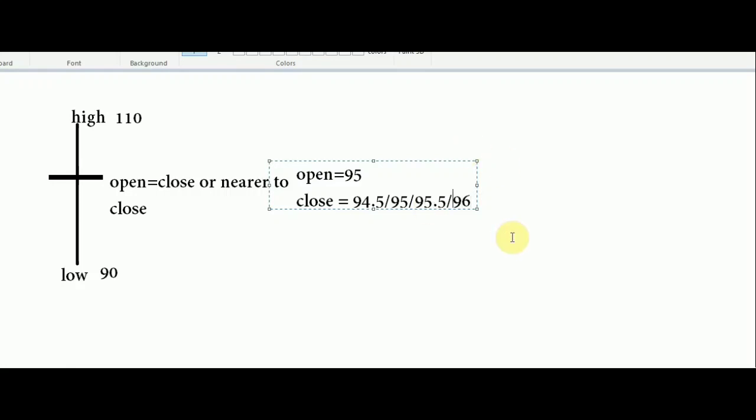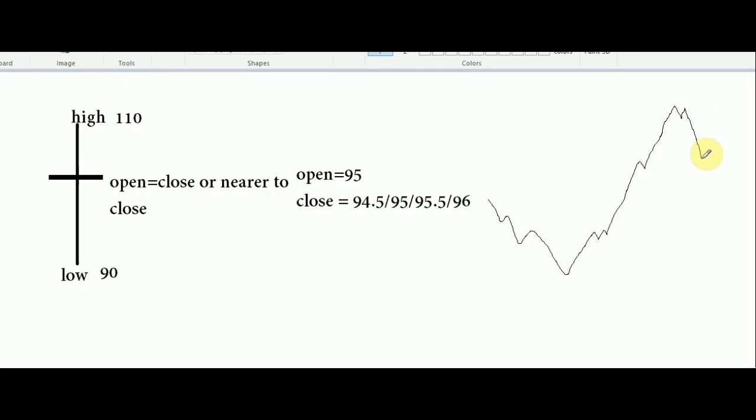Keep watching it. We just draw this. Now I'm taking another color just to help you recognize the points.